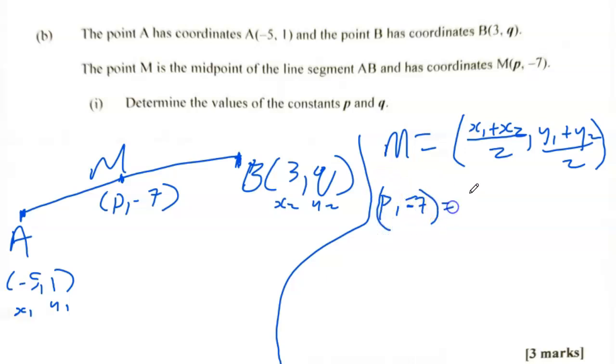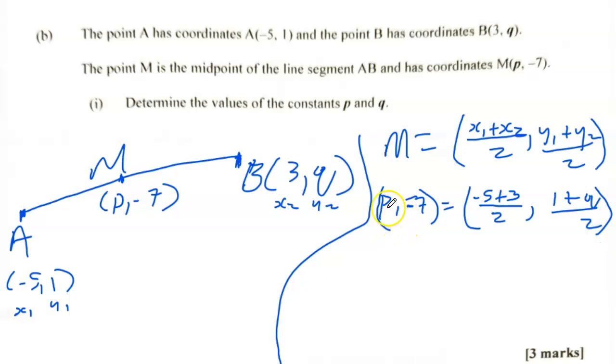This should be equal to the sum of the x values of the endpoints, negative 5 plus 3, divided by 2, and the y coordinate, the y values are 1 and q, so 1 plus q divided by 2, which should give negative 7.